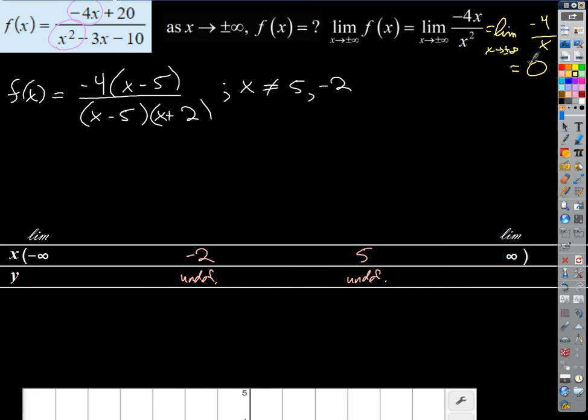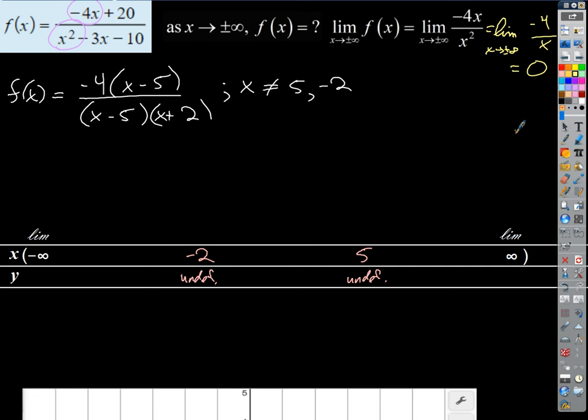Okay? So what's that mean? As x approaches plus or minus infinity, the function, meaning y, has a limit of 0. What's the behavior of the function going to be then as the ant walks to the right forever, for example? What's his y value going to settle at? 0. How about if he goes to the left forever? 0.